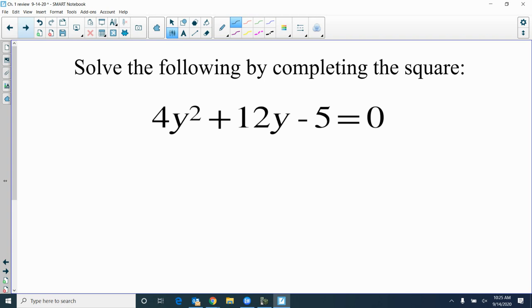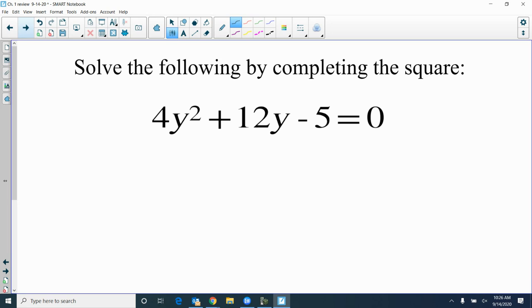Completing the square. You've got to know how to complete the square, and I'll go through this as well. First step, you have to isolate the 5.